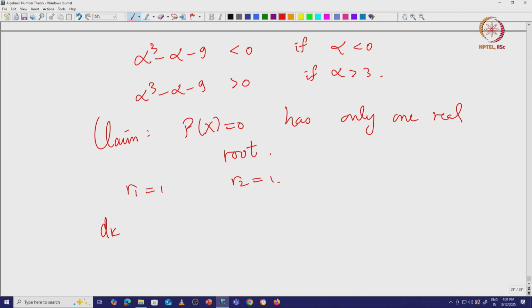And so, what is the discriminant of this? If you look at delta squared of 1, alpha, alpha squared, this turns out to be the discriminant of this polynomial x cubed minus x minus 9, which turns out to be minus 2183 if you do the computations, and this is square free.